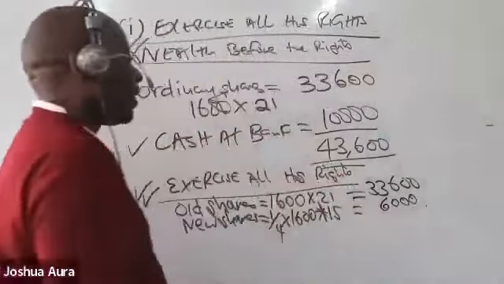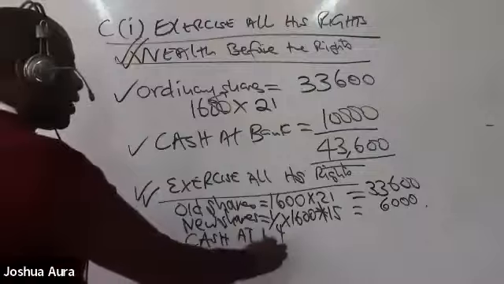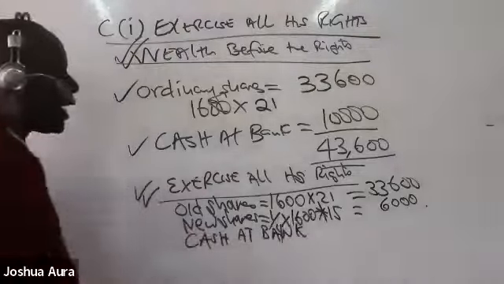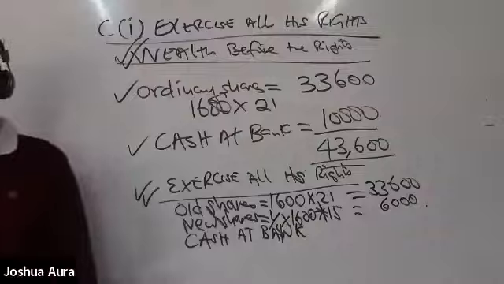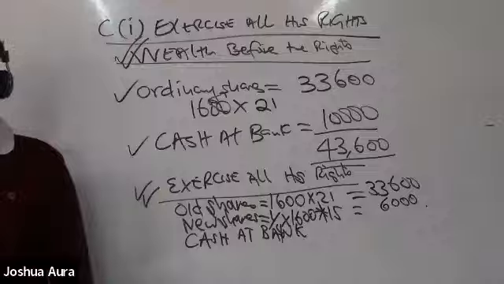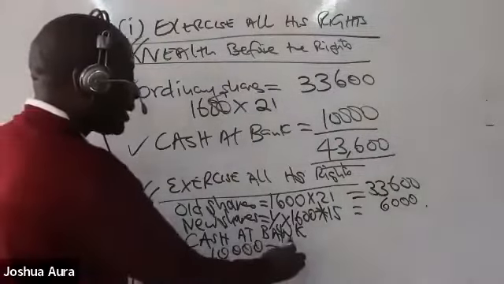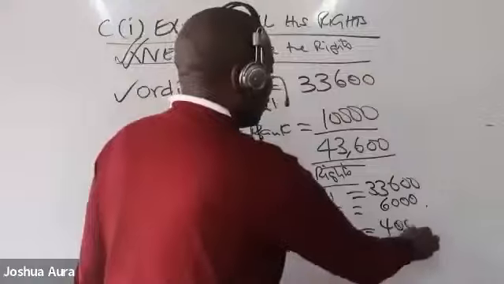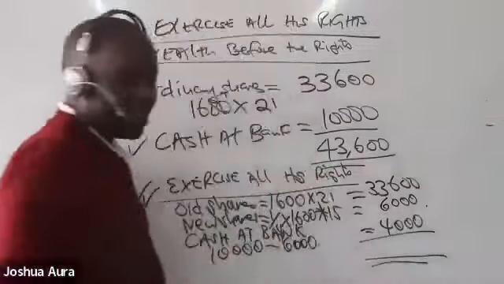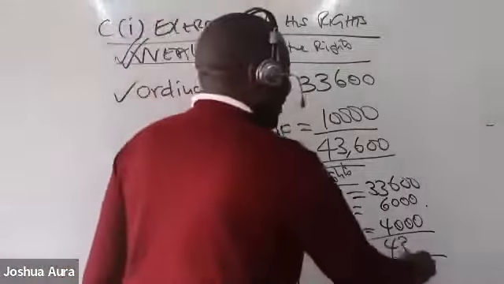And then in this case, ladies and gentlemen, come and give us now cash at bank. Cash at bank will be how much? 4,000. Where did you get 4,000? Because this guy here had 10,000, and in this case he has used how much there? 6,000. So in this case he will be left with how much, somebody? 4,000. Now add everything together: 43,600.